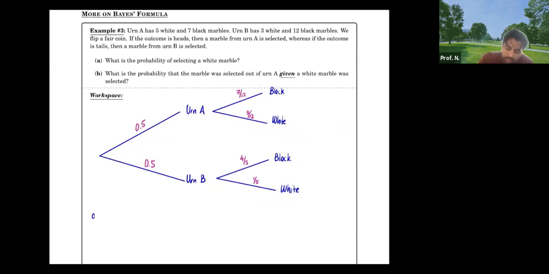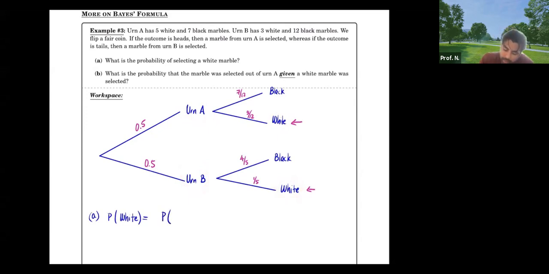Now part A asks, what's the probability of selecting a white marble? So if it's a white marble, then either the white marble comes from the fact that I got it from urn A, or the white marble comes from the fact that I selected it out of urn B. So then again, same thing, right?